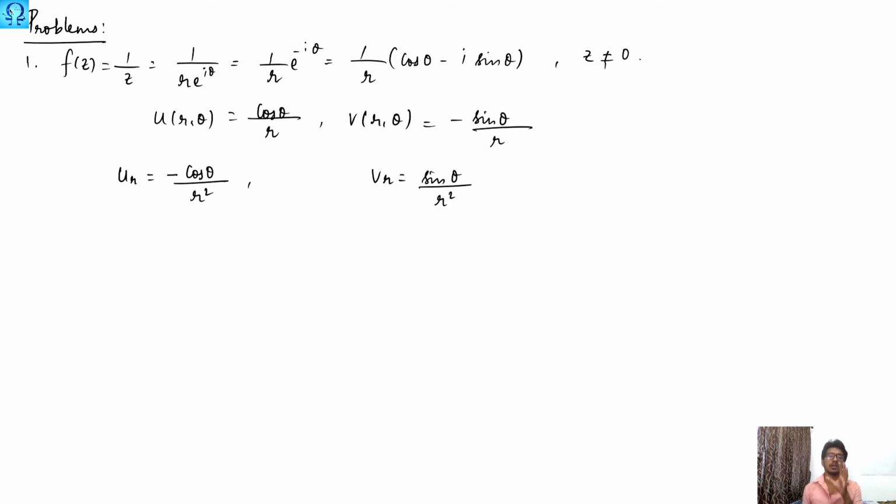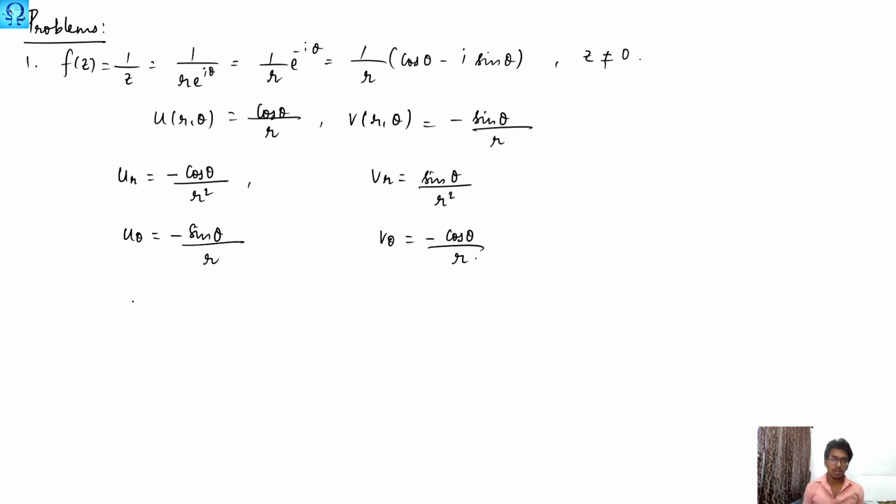When you multiply that with cosine theta, you get minus cosine theta upon r squared. Here you have already the minus, so minus and minus get cancelled. And u theta is going to be minus sine theta upon r. Here v theta is simply minus cosine theta upon r. Right? So we are done.